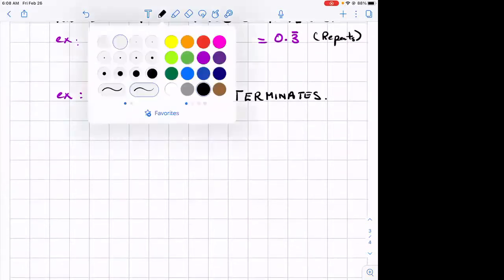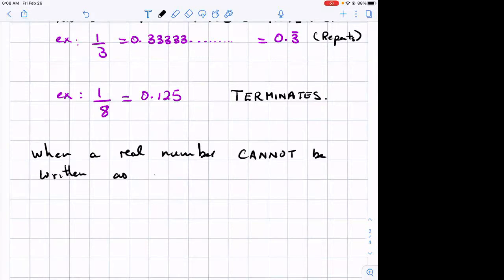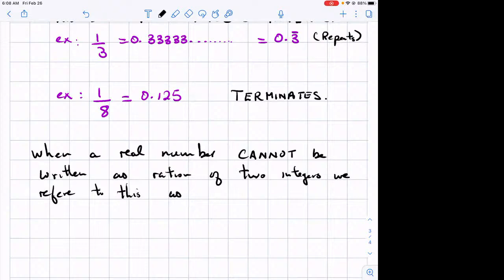So when a real number cannot be written as a ratio of two integers, we refer to this as irrational.